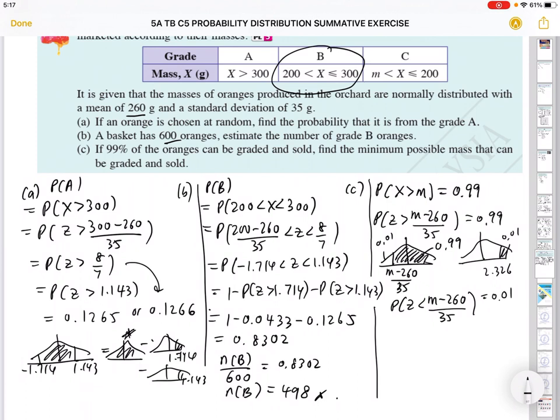Now, take 260 minus 2.326 times 35. My answer is 178.5. If you round to the nearest integer, it will be 179. I think the textbook uses 179. Okay.